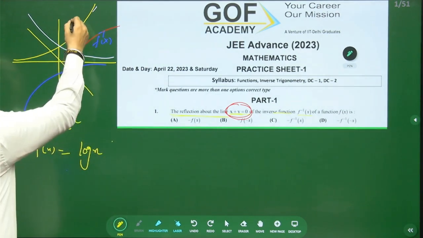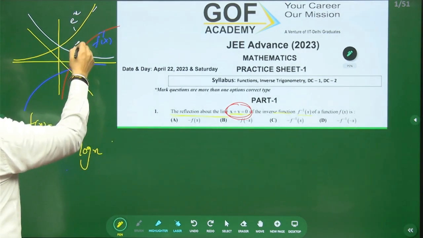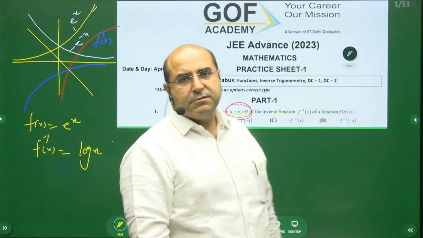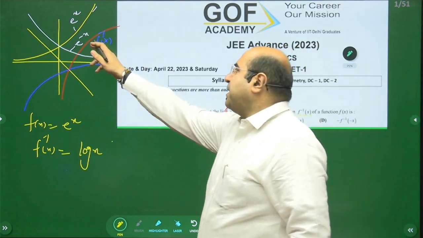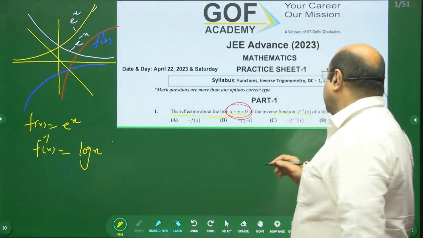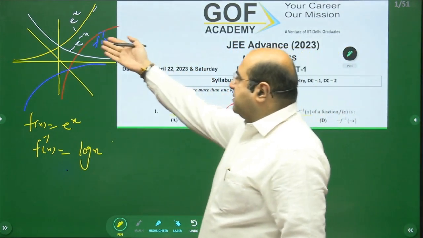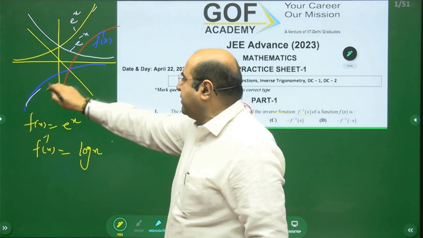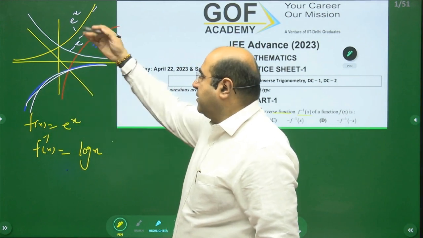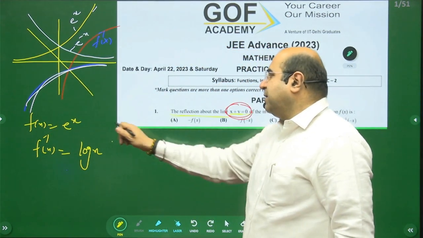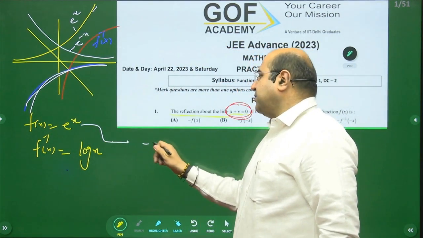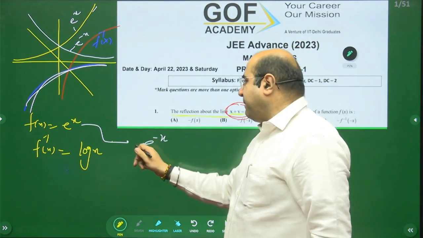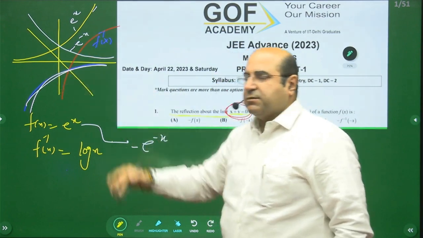So it is e power x, and it is nothing but e power minus x when you reflect it with respect to the y-axis. And the reflection of this with reference to the x-axis becomes this function, the inverse one. My conclusion is that I should first get e power minus x, and then put a minus sign in front of it to make this.